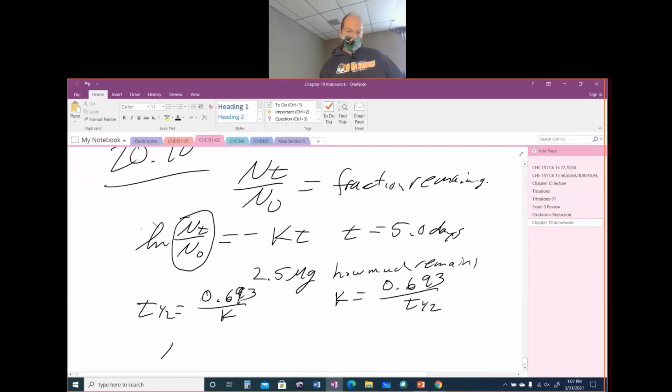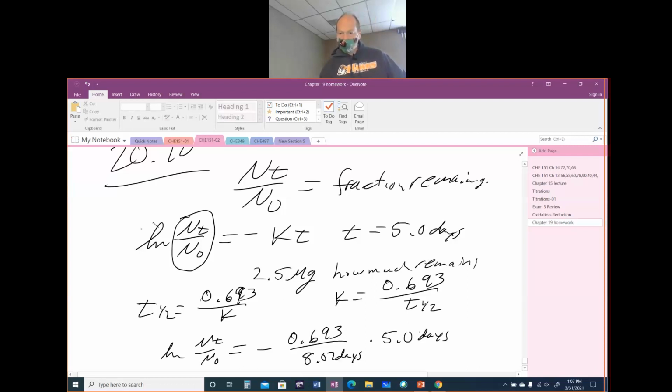What I'm going to do is take ln of Nt over N0 equal to negative k, which is 0.693 divided by the given half-life of 8.07 days, and we are taking that for 5.0 days. The time units have to be the same.